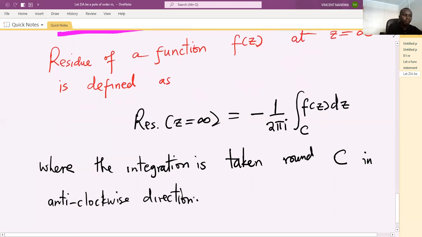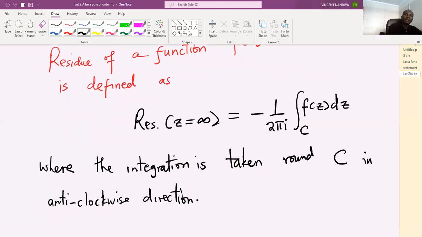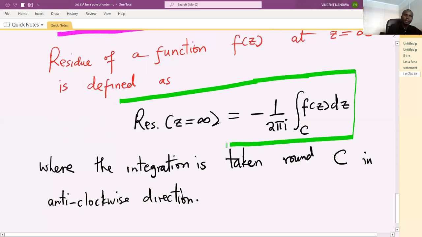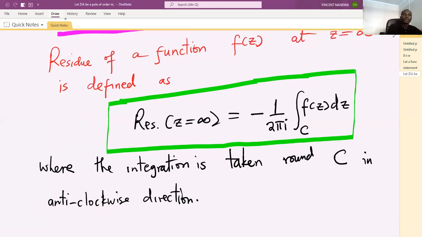So that's how we define residue of a function f of z at infinity, by the formula negative 1 over 2 pi i, then the integral along C of the function f of z with respect to z.